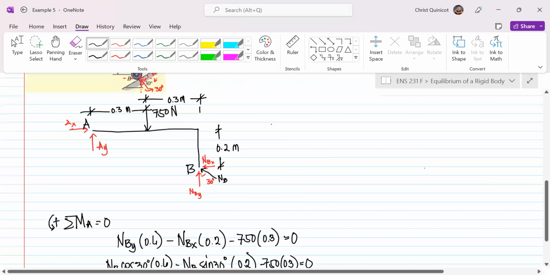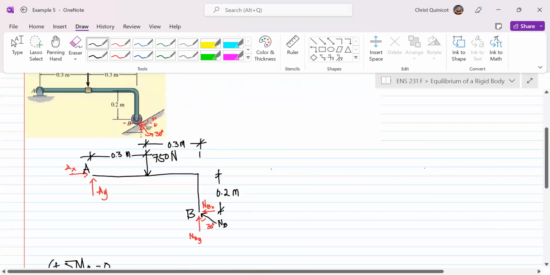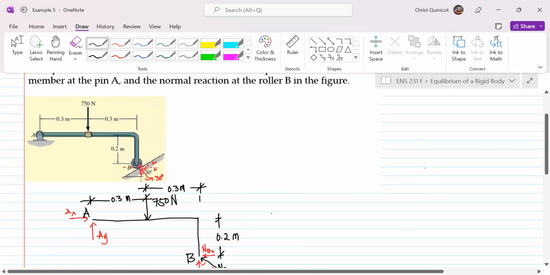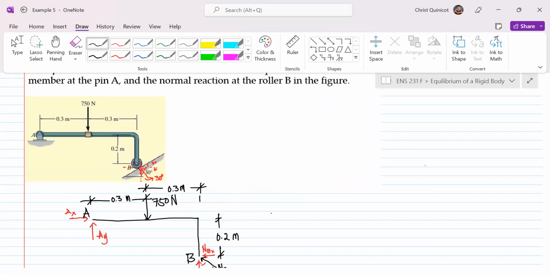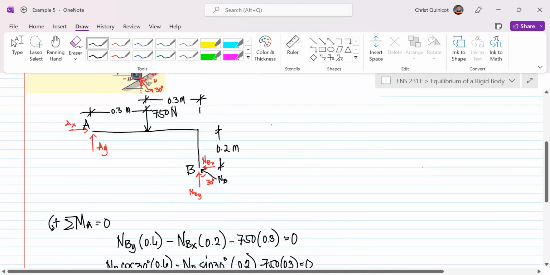Now, you can do the moment at either B or A, you can choose. However, we deliberately do the moment about point A because we can express the X and Y components of N sub B in terms of the single force N sub B, simply because the angle of 30 degrees is provided.